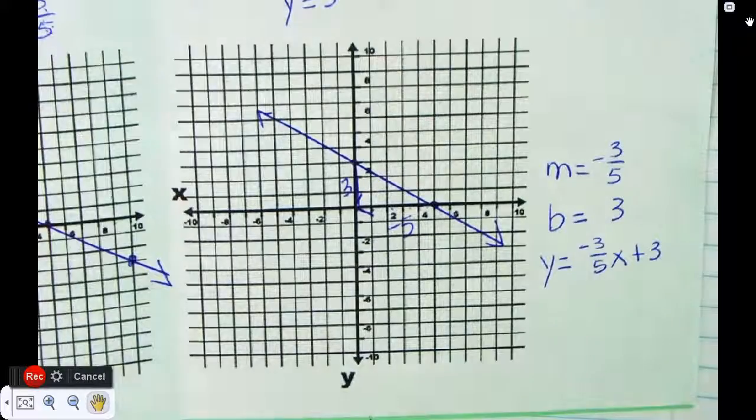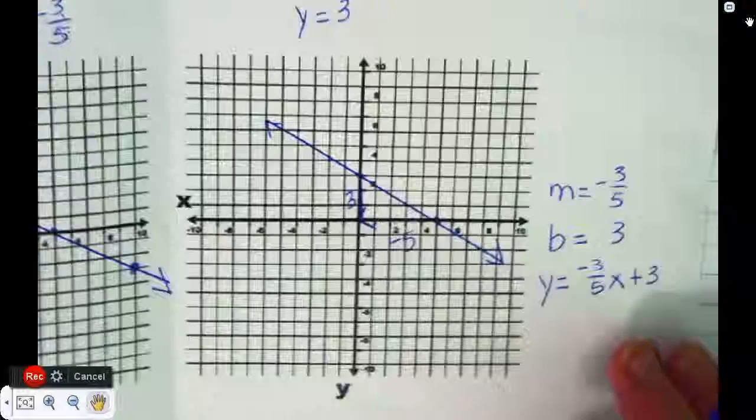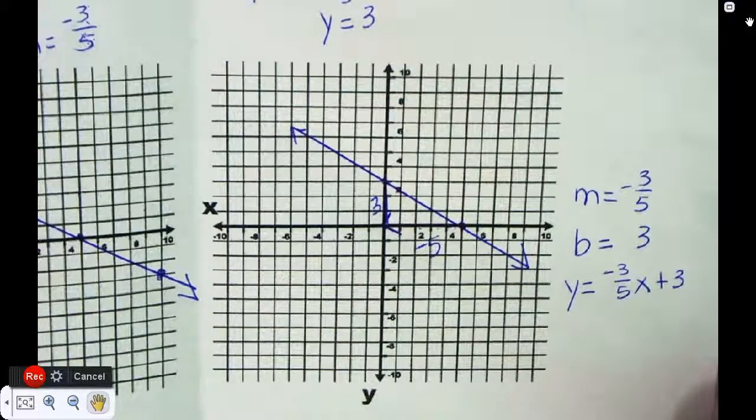You have to do all this interchanging. You have to be able to look at the graph and write it. You have to have the equation and be able to graph it. You have to have the x and y intercepts and be able to graph it. Two points and graph it to find the slope. So there's several things we've got to be able to do. Okay, are there any questions on that?